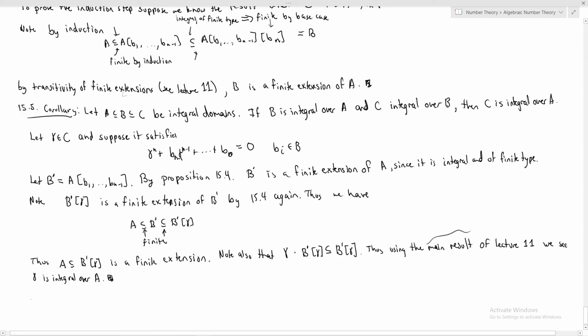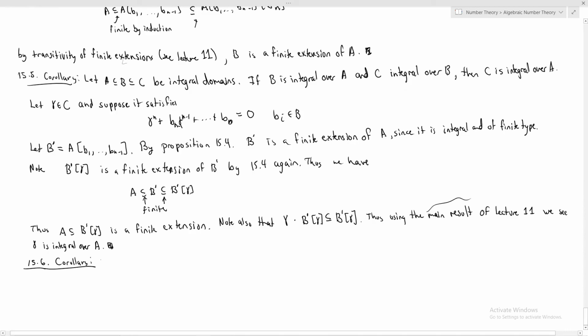Okay, and there's one last corollary, which is this fourth thing that I wanted to talk about. 15.6 corollary. This corollary is a little easier, and follows almost immediately from 15.5. And what does it say?